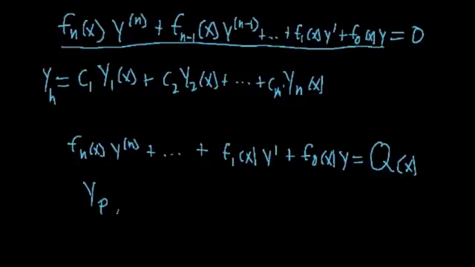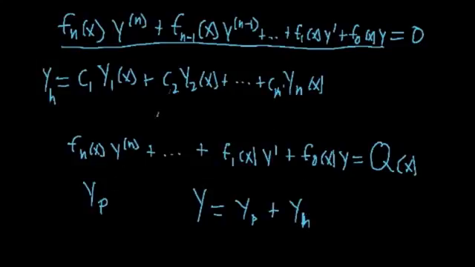But what would be the general solution to this non-homogeneous differential equation? Well, we'll find that the general solution, I'm just going to say y, is equal to this particular solution plus the general solution to the homogeneous differential equation.